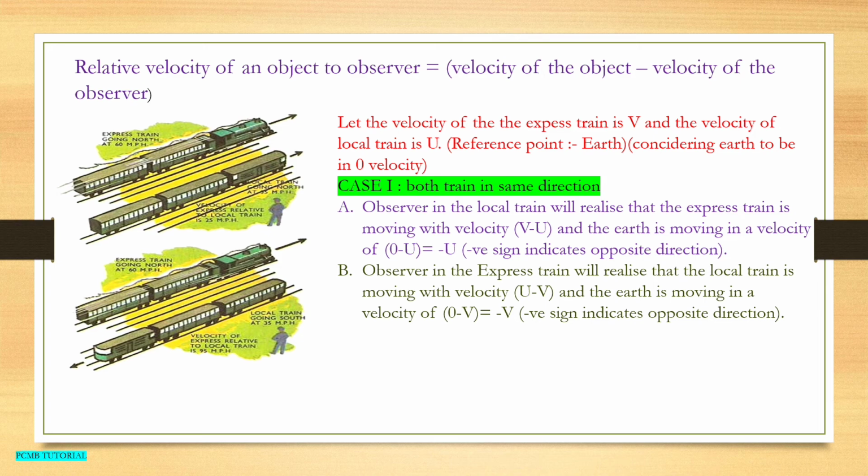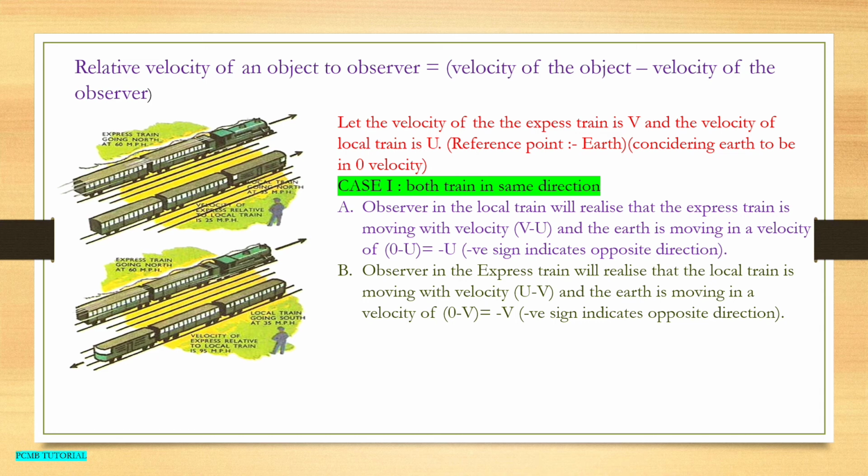The observer in the express train will realize that the velocity of the local train is u minus v. If the velocity of the express train is more than the velocity of the local train, the value of u minus v will be negative.